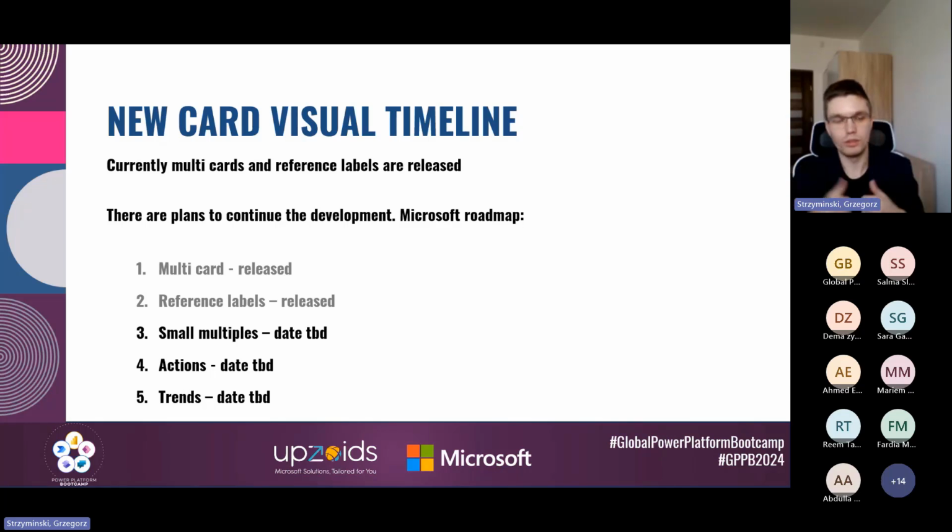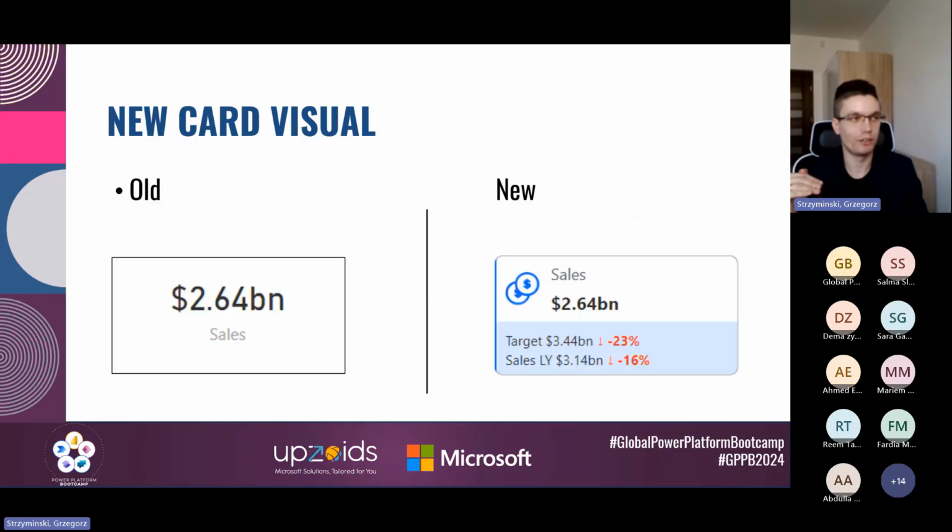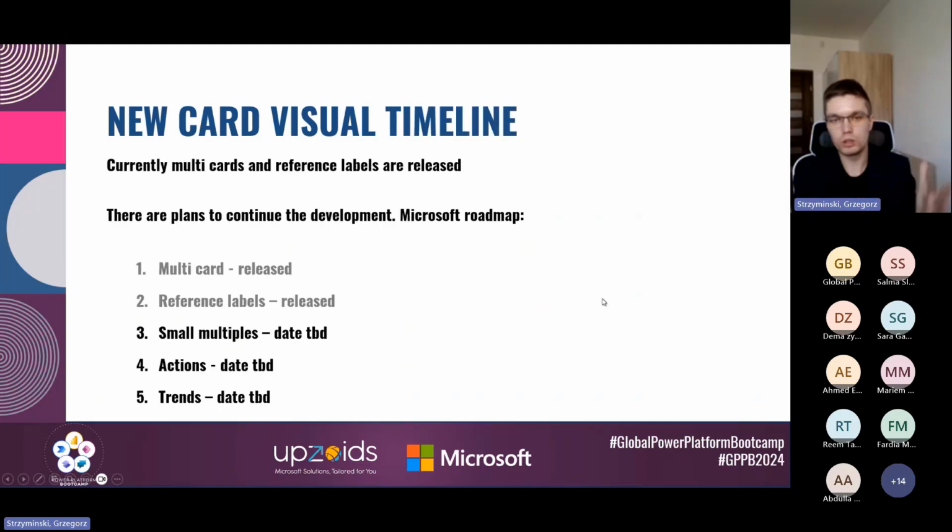So with the new card visual, the multi-row card is included as well. So you can have multiple KPIs like this sales that I have shown you. You can have the profit, you can have the cost, and they will all still be in one visual element, which is great because instead of 40, 50 individual elements to render, Power BI has just one, which will yield great results in terms of optimization and rendering time for your visuals.